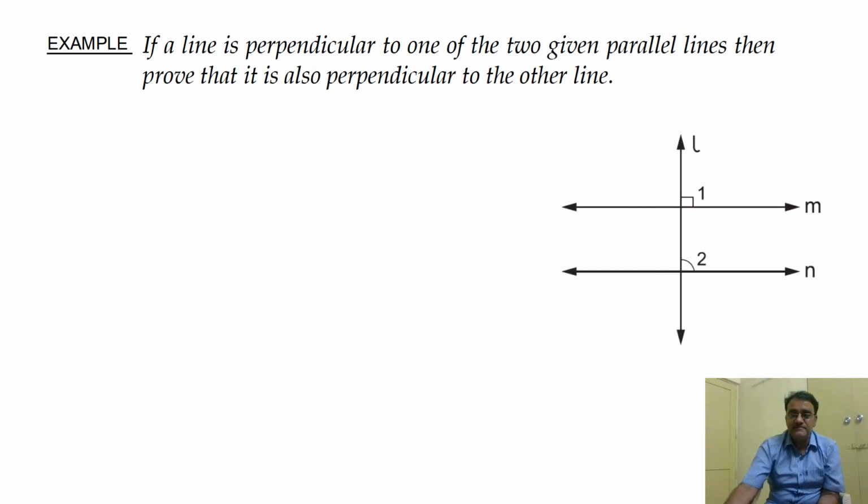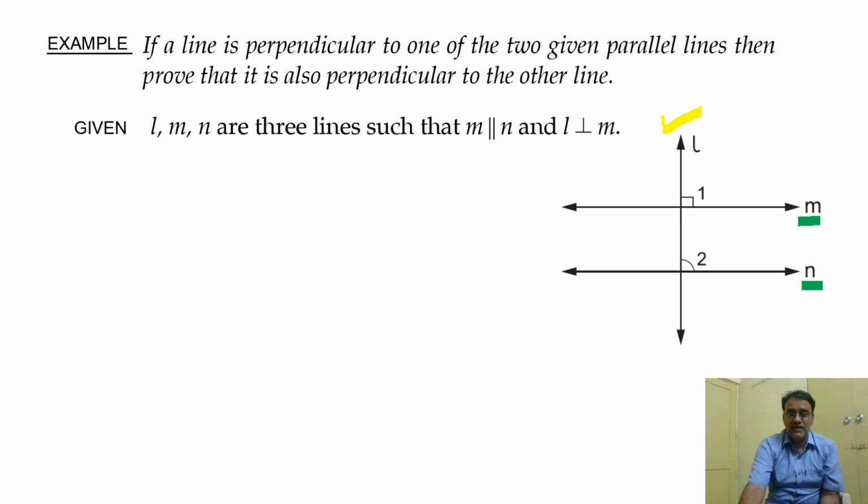So यही डायग्राम है. मान लो M और N जो है, these two are parallel lines, okay, and L is perpendicular to M. So L is also perpendicular to N according to this statement. So that we have to show, right?